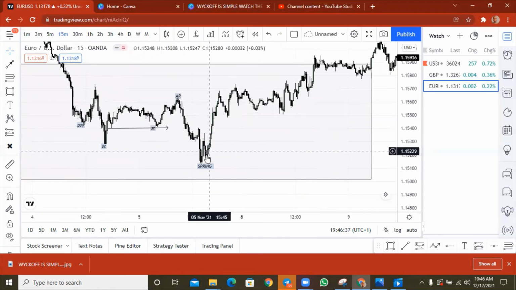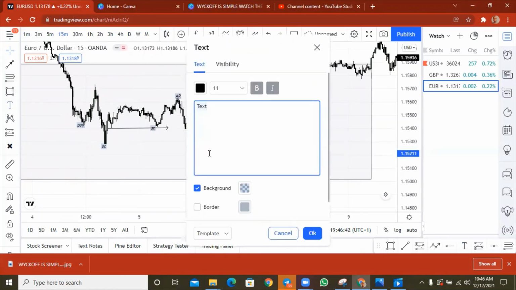Right, so we have the spring. If you look down, you're going to see the spring test, which is right here. Spring test, on a smaller time frame you see better.